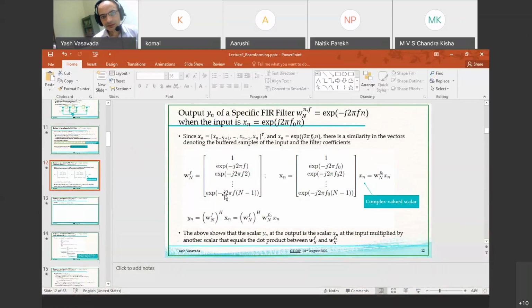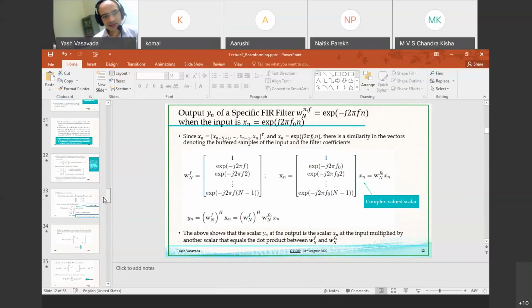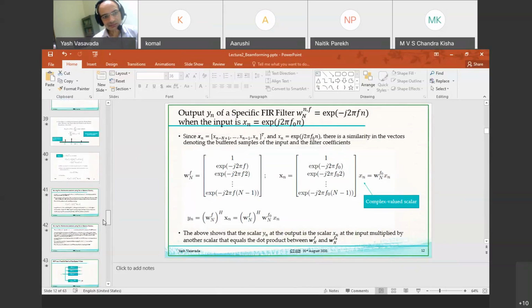The expression of the filter W n of f and x of n, whose incoming frequency is f naught. When f naught and f are the same, then these two vectors become identical. And a terminology for that is that they are matched to each other.